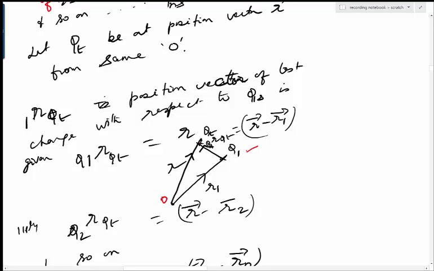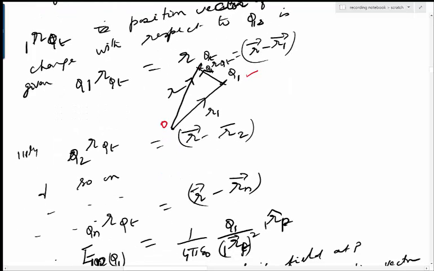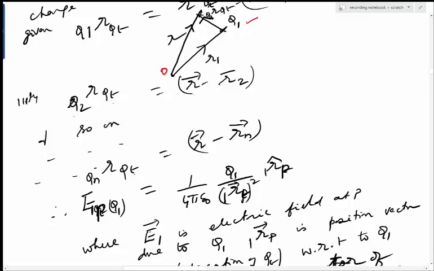Therefore, the position vector of Qt with respect to Q1 will be R vector minus R1 vector. Similarly, the position vector of Qt with respect to the second source charge Q2 will be R minus R2, and so on. And the position vector of Qt with respect to Qn will be R minus Rn.